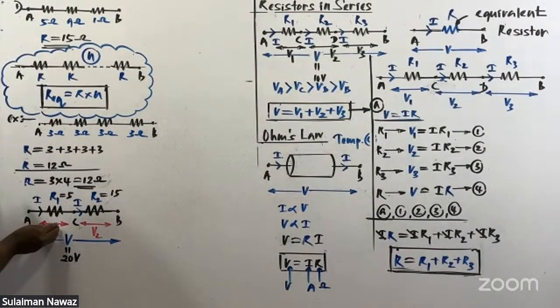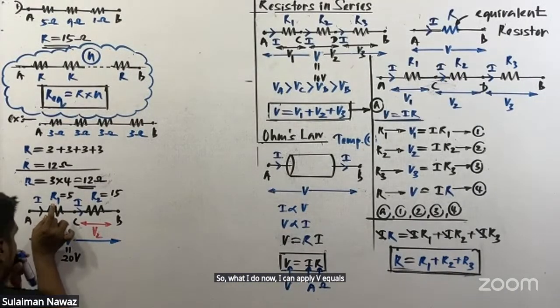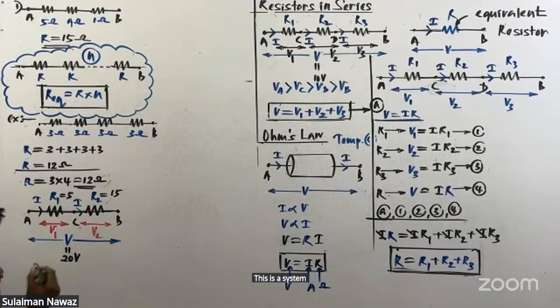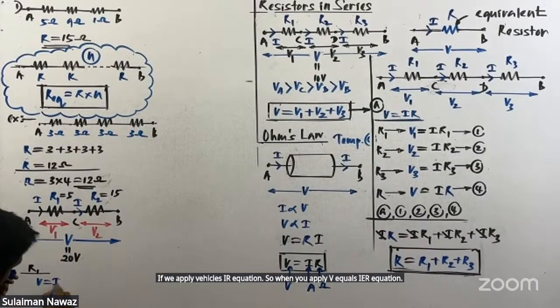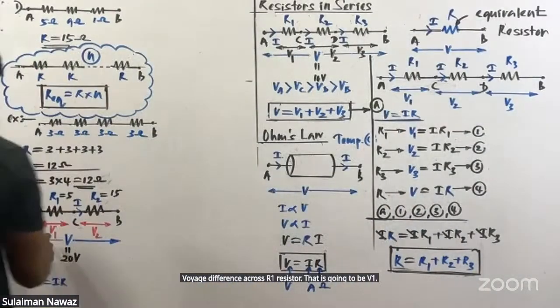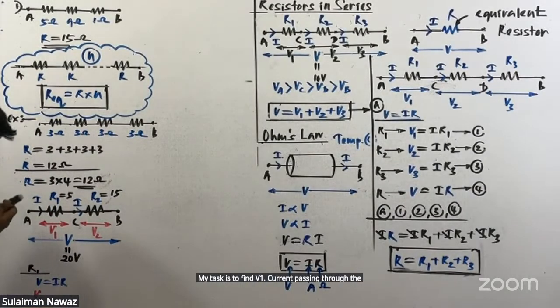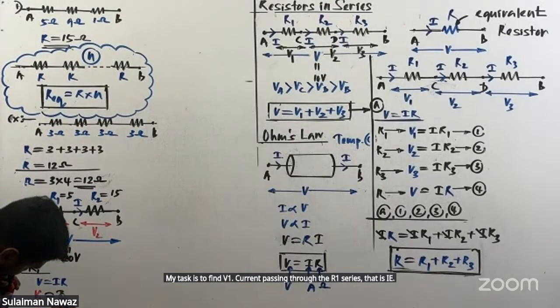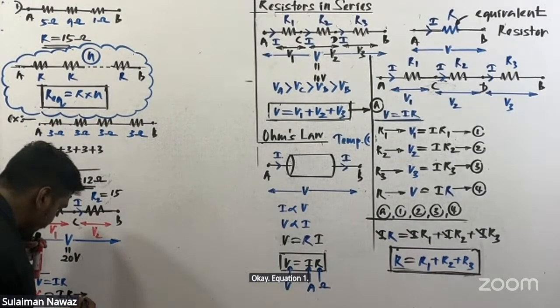Now my target is to find V1 and then V2. I can apply the V equals IR equation for R1. The voltage difference across the R1 resistor is V1, the current passing through R1 is I, and the resistance is R1. That is equation 1.